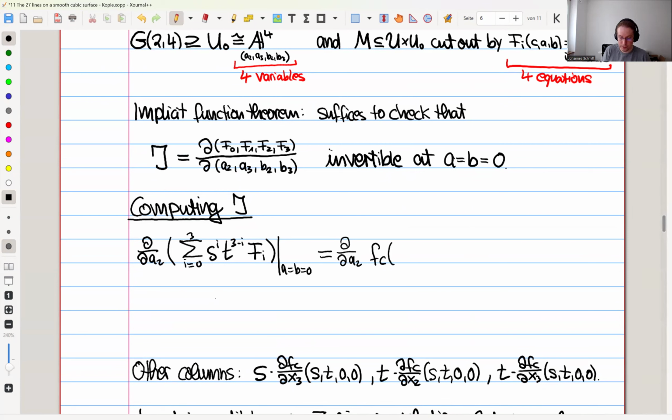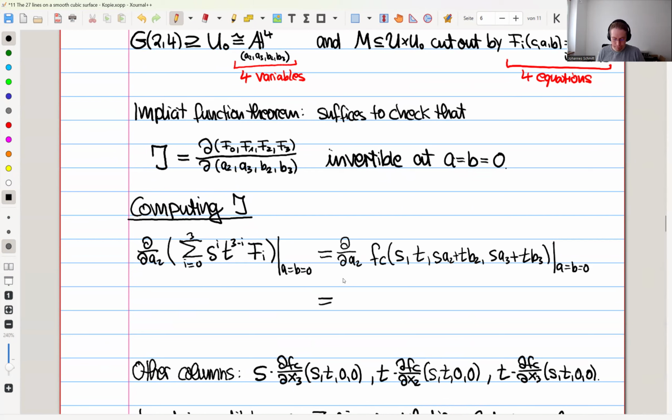So now we reverse the step that we did before. We just write it as fc of s comma t, and then sa2 plus te to sa3 plus te3 at a equals b equals 0.